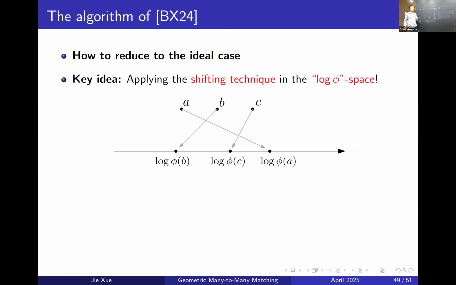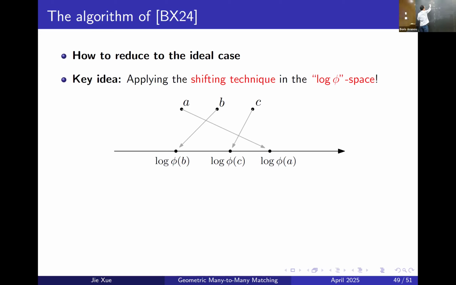The distance between x and y is very large, actually. As long as my phi y is greater than or equal to phi x over epsilon, the distance between them is logarithm of 1 over epsilon.